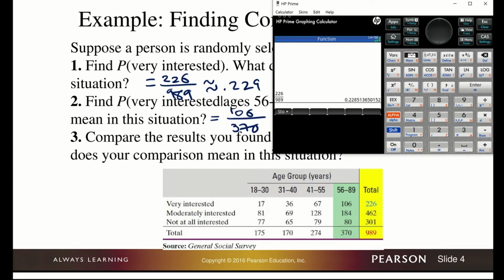So this time we have 106 divided by 370. All right, so we get approximately 0.286.